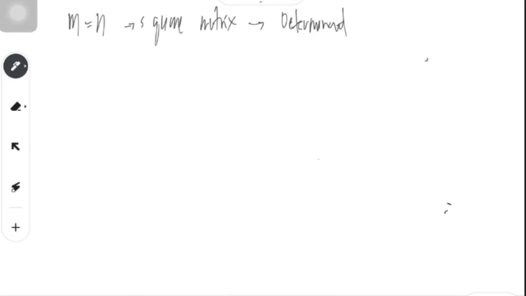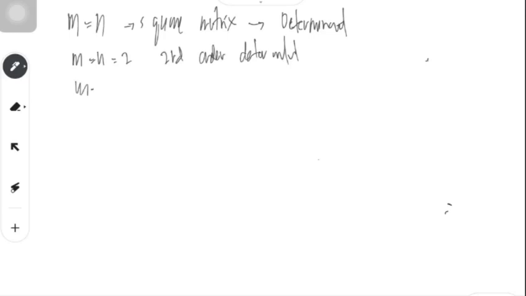And let's say when m equal to n equal to 2, we have what we call a second order determinant. When m is equal to n equal to 3, we have what we call a third order determinant.